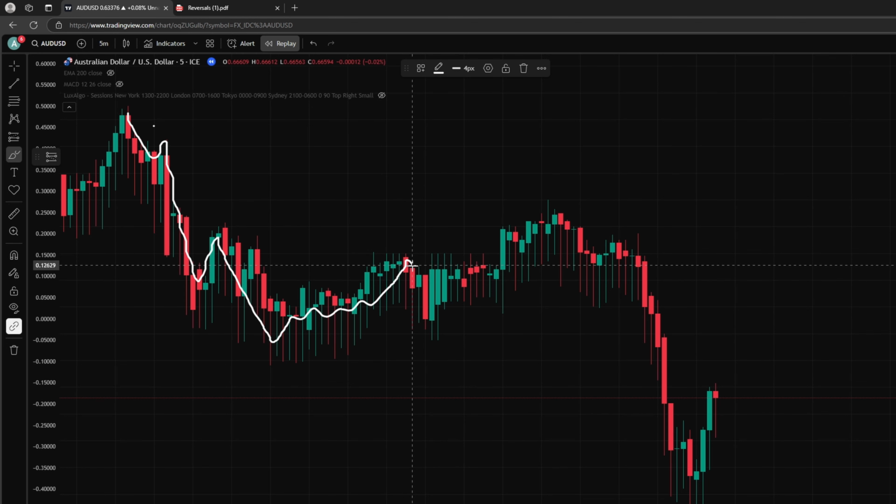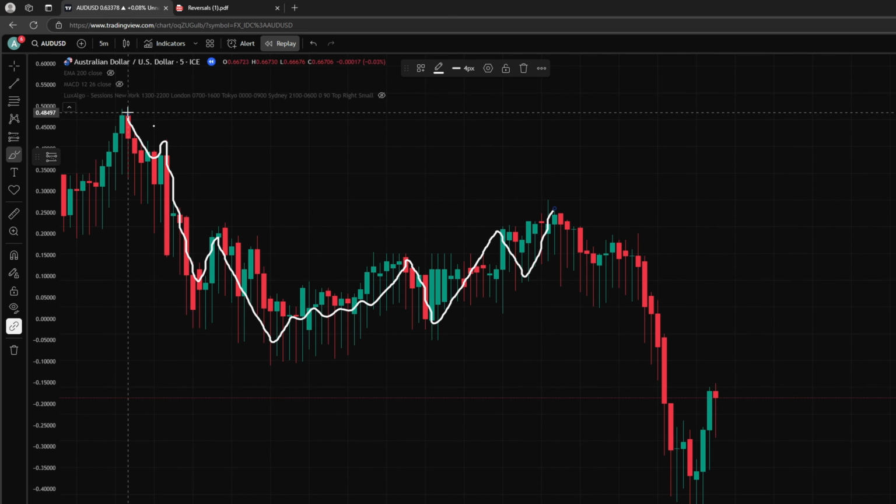We come up, make a higher high there, but this is not confirmed yet. Low, high, low, high. So we start off with a bearish move down. We're making lower highs, lower lows, right? Kind of have a little bit of a consolidation in here into a minor uptrend.